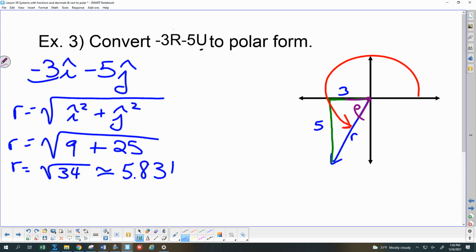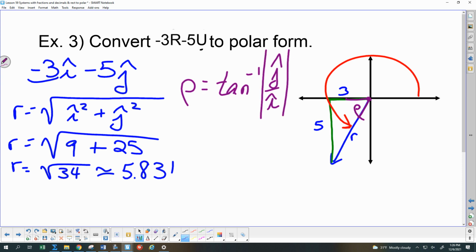My shortcut formula says rho is the inverse tangent of j hat over i hat. Don't worry about the negatives. So rho is the inverse tangent of my -5, but I'm not going to worry about the minus. I'm just going to say 5 over my i hat, -3, but I'm not going to worry about the negative. I'm just going to say 5/3.